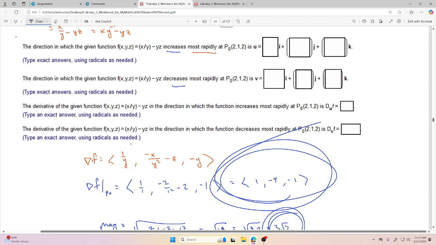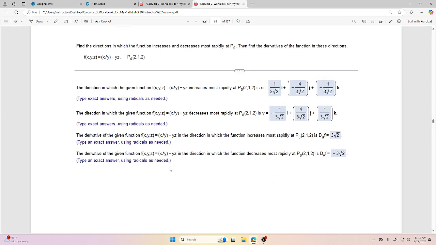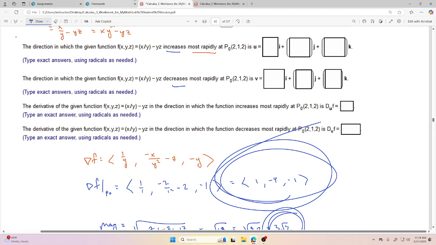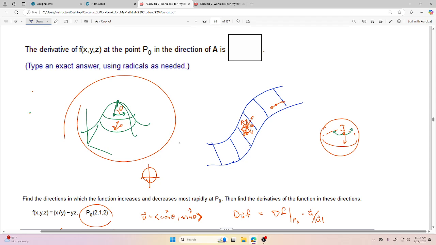So increases versus decreases. And if you go back, what's the only difference between these? You're changing the signs. If we go back to our previous three-dimensional examples, I said this way versus this way. I said this direction versus that direction. They're always off by how much? How many degrees between the maximum and the minimum? 180 every single time.